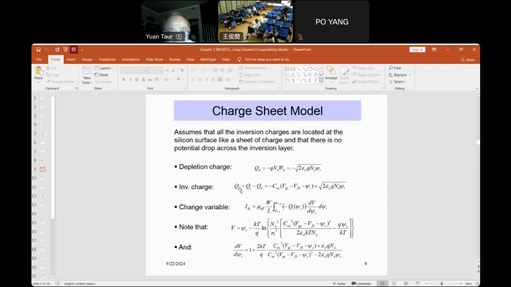We have Qi equal to that, right? And when Y changes from source to drain, psi S will change.